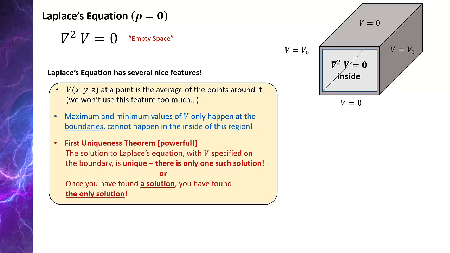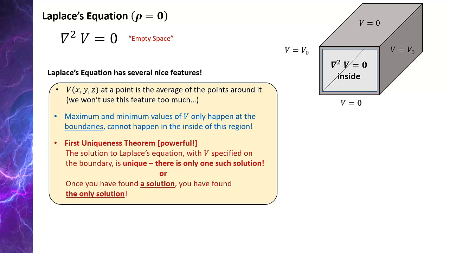One way to say this is that the solution to Laplace's equation with the electric potential specified on the boundary is unique. There's only one solution. Another way of saying that is once you've found a solution that satisfies the boundary conditions, you've found the only solution that satisfies the boundary conditions and Laplace's equation. That turns out to be super powerful. So if you can guess a solution by any means necessary, you've found the solution.